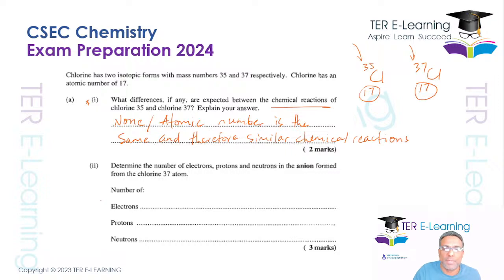Now, next part here: determine the number of electrons, protons, and neutrons in the anion formed from chlorine 35. So we have chlorine 37. For this one, how many electrons do we have in chlorine 37?